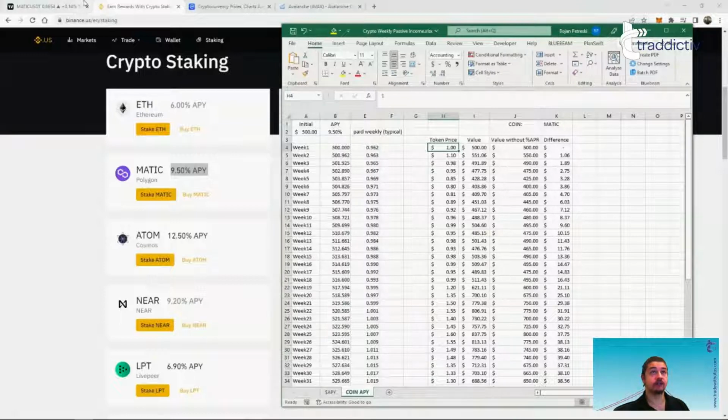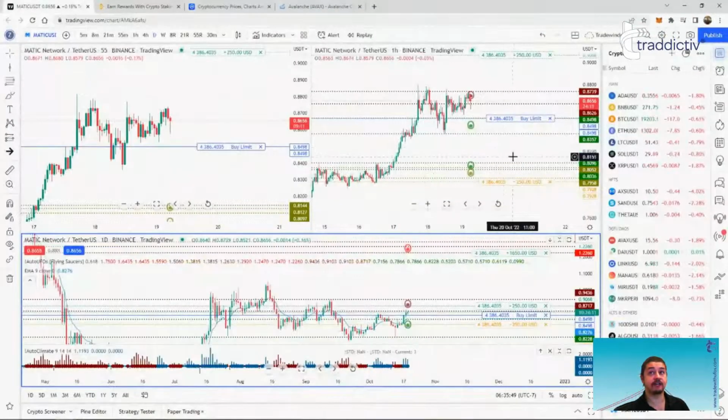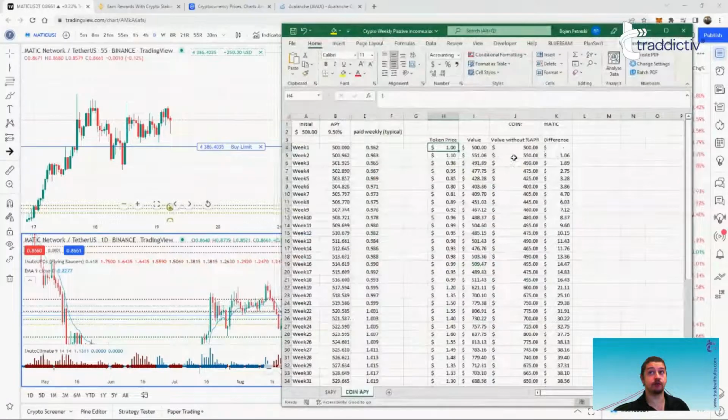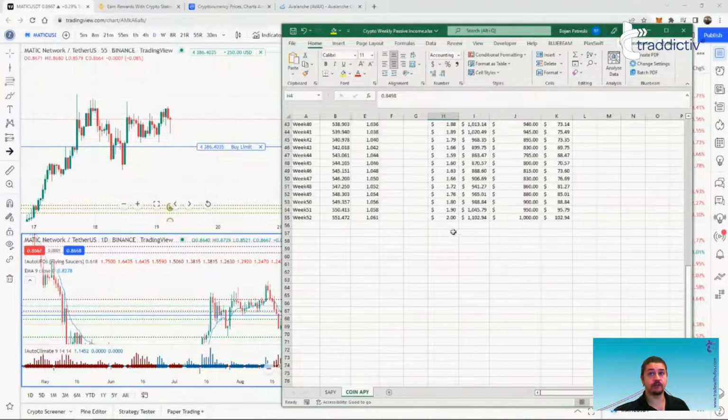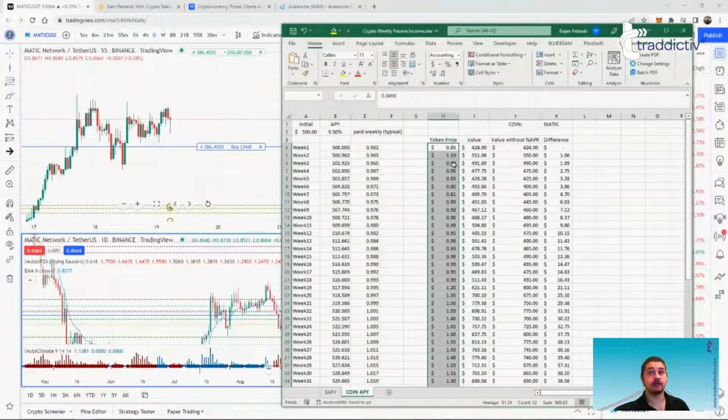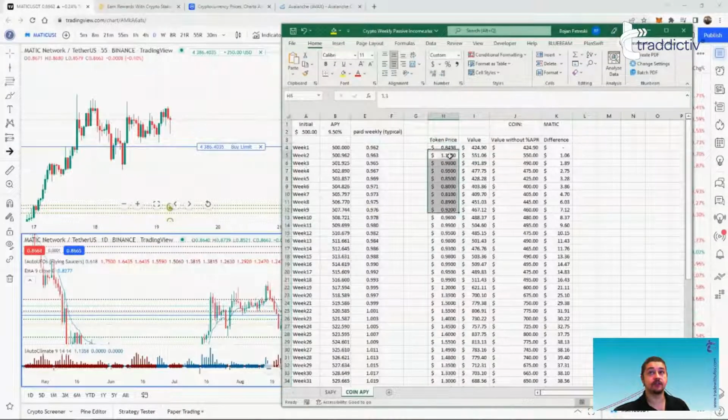It's not a dollar. Matic at the time of purchase will be 0.8498, right? And just for the sake of argument, because obviously this will be an example, I'm going to increase the decimal places so we know exactly what it is that we have.